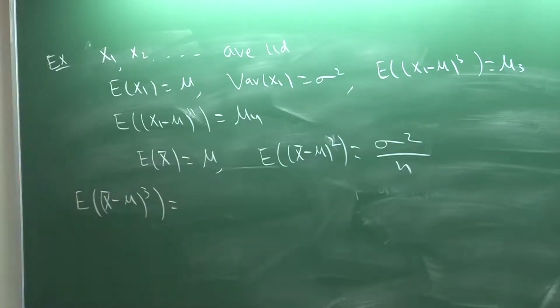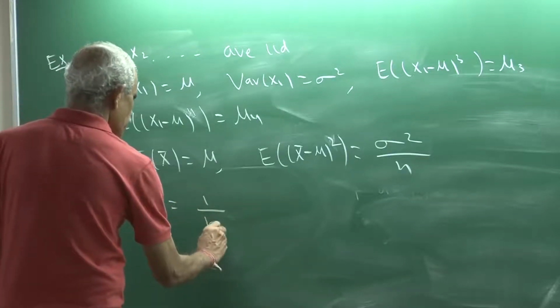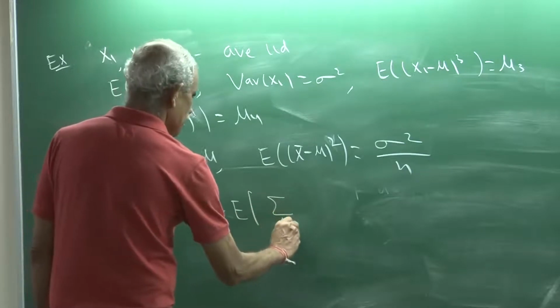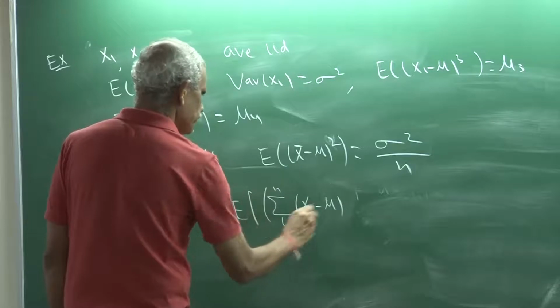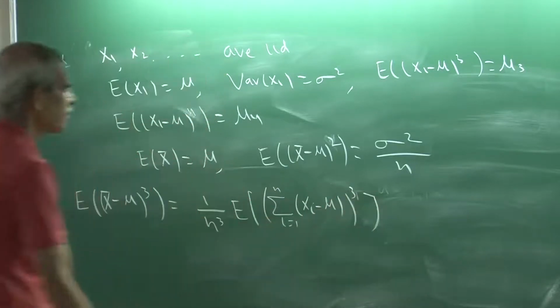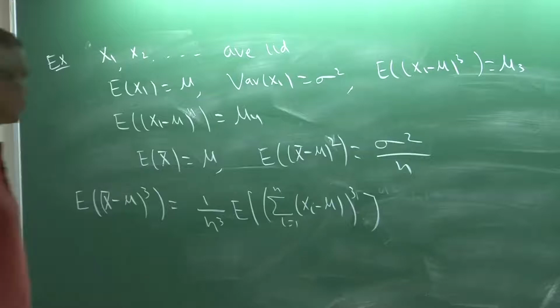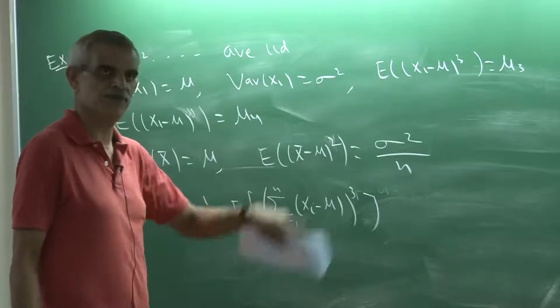Now note that this can always be written as 1 upon n cube into the expected value of summation i equal to 1 to n (xi minus mu) whole cube. So let's try to see how I can write down the expected value of summation i equal to 1 to n (xi minus mu) whole cube.